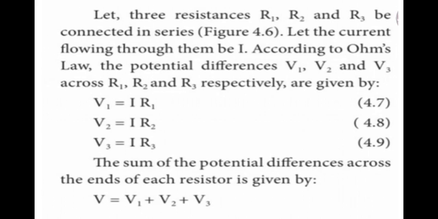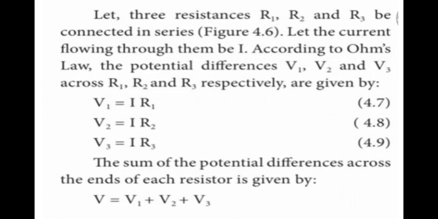So taking I as common, the potential difference V1 is equal to I R1, V2 is equal to I R2 and V3 is equal to I R3. Why? Because there are three resistors connected in series.